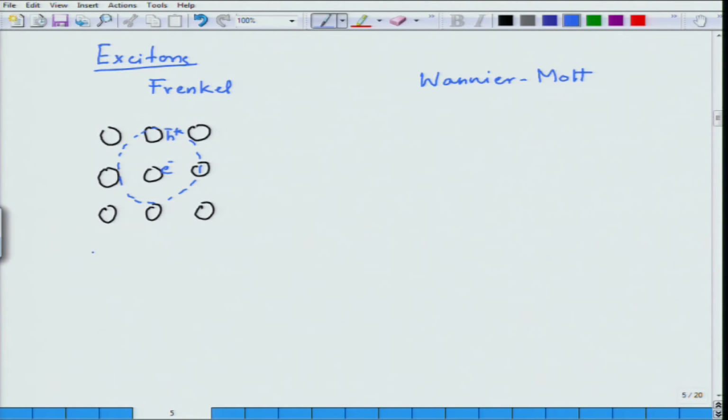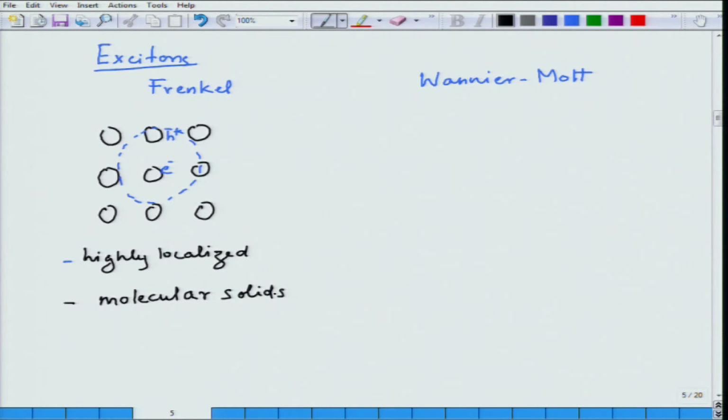So this particular type of exciton is highly localized, and it is normally found in molecular solids, as in organic semiconductors, where the solid is made of molecules held together by van der Waals forces.